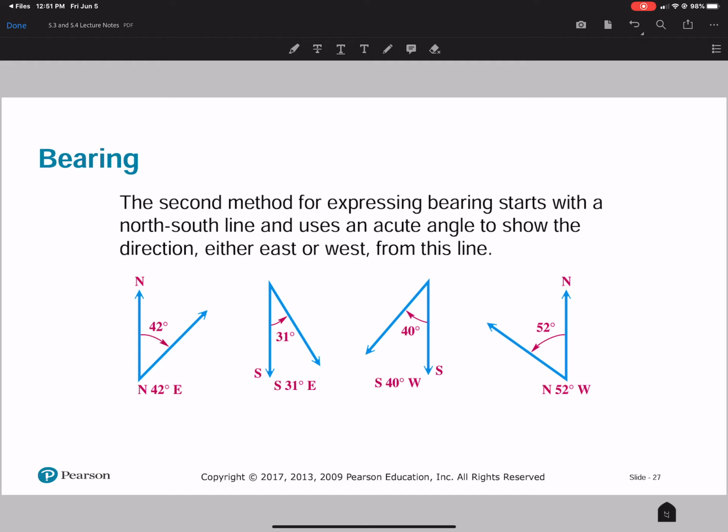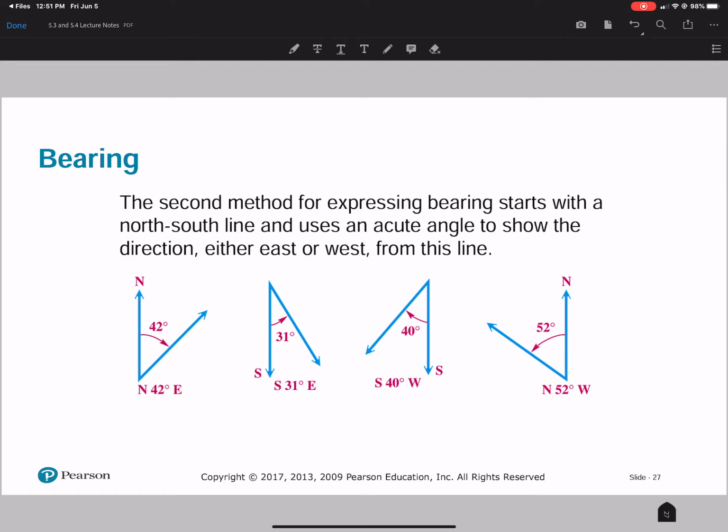If it's going south, we know it's going downward. If I've got southeast, I'm going counterclockwise. If I have southwest, I'm going clockwise, but I'm going down. And if I've got northwest, I'm going counterclockwise, and I'm still going up. So keep that in mind.